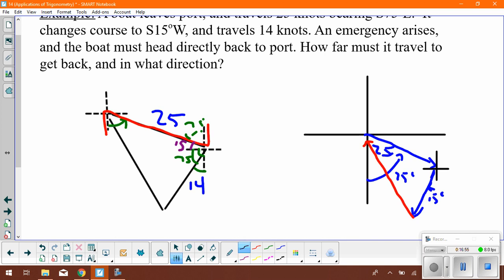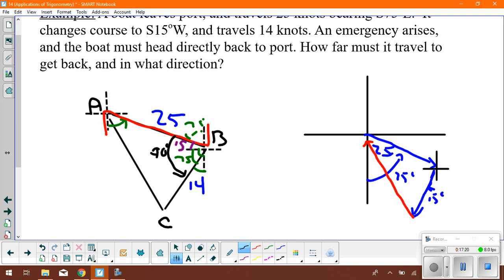So if I start labeling the points on my triangle, A and B and C, the total angle in that corner B, all the way from here to here, is 15 plus 75, so it's actually a 90-degree angle in that corner.